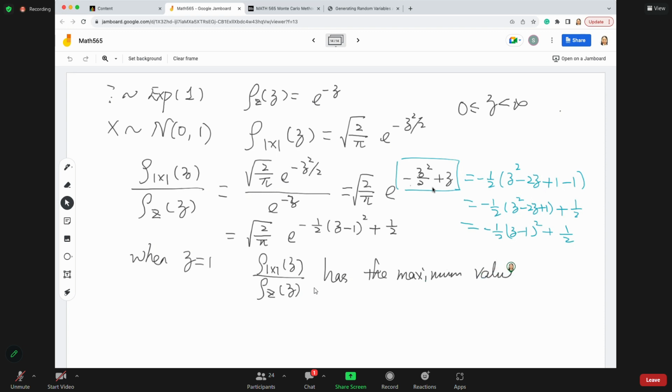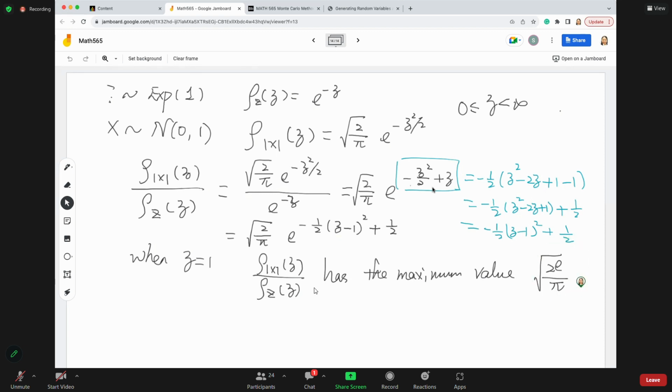What is that? It is root 2e over pi, right? Because z is 1, so the whole thing becomes 0, gone. So we have root e, so I put it inside. This is the largest one.